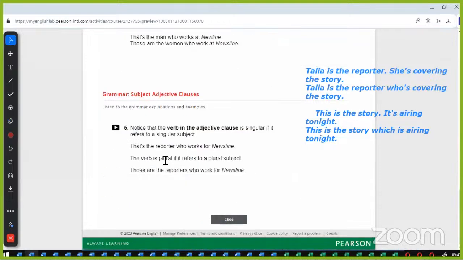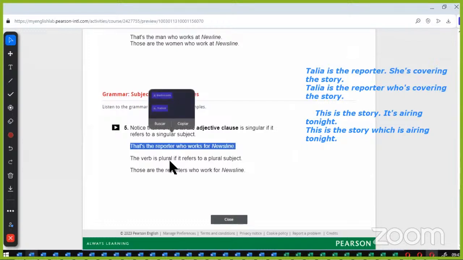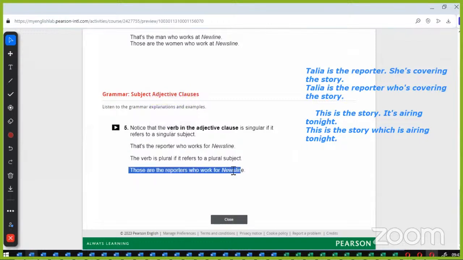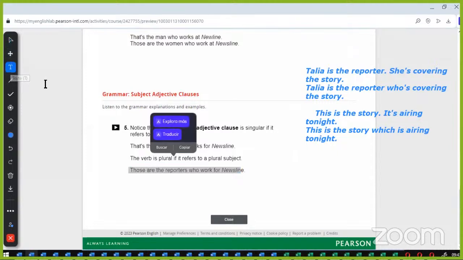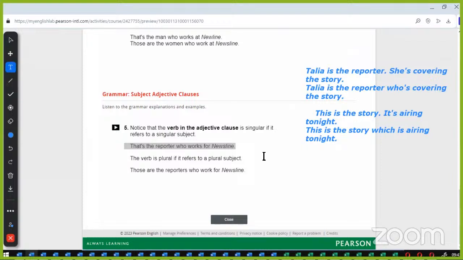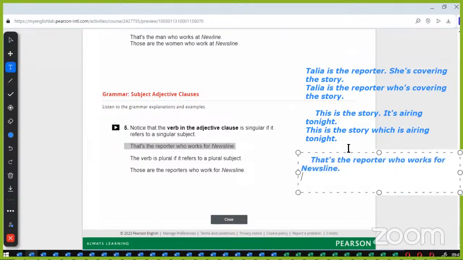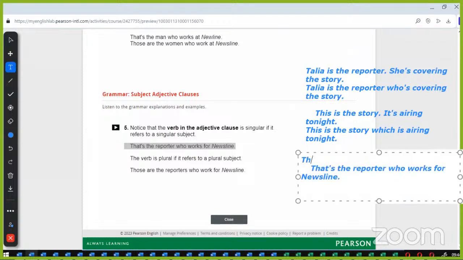And finally, the verb in the adjective clause is singular if it refers to a singular subject, and plural if you refer to a plural subject. That's the reporter who works for Newsline, and those are the reporters who work for Newsline. If you see here, you're trying to see the basic sentences we're trying to combine.